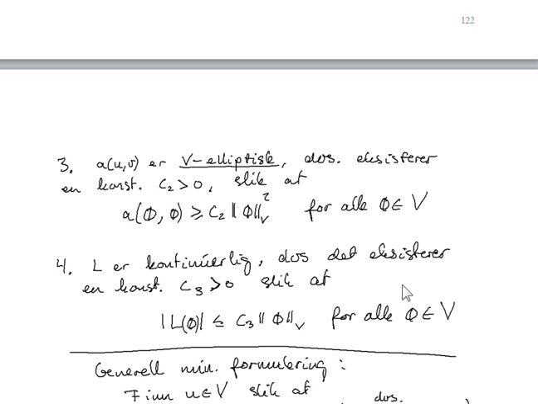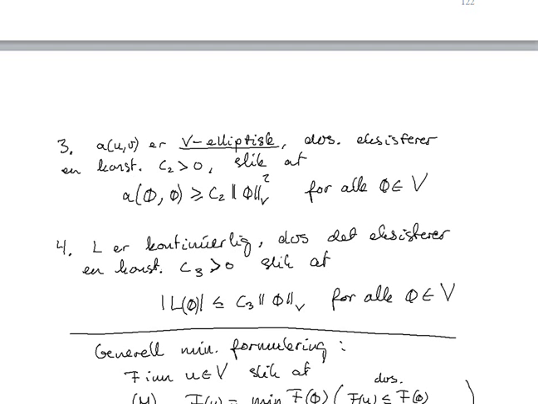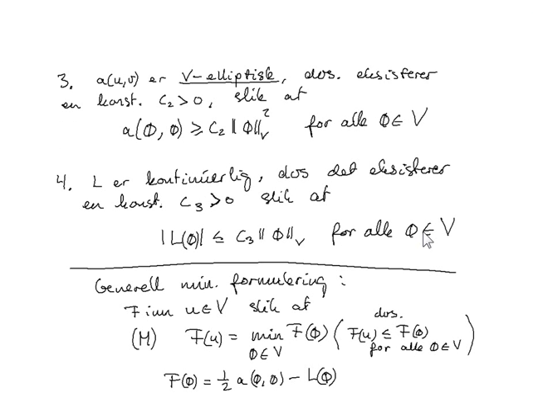And this should be the case for any phi. So when I mention that these are constants, it means that these inequalities hold for any value. We don't need to change the constant for different values of phi in the Hilbert space.